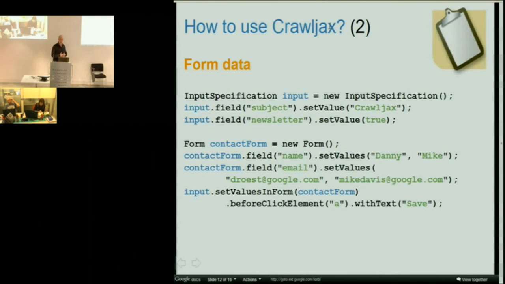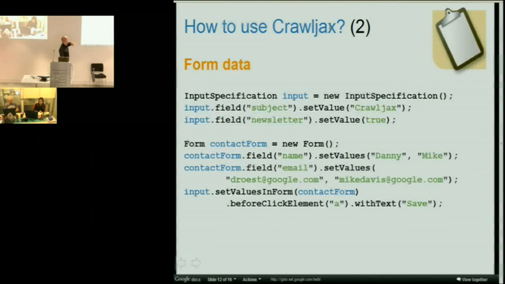But sometimes you want to fill in multiple values in a form because it can lead to different states. So you could create a form, say for the field name, first set the value, and then the second time you encounter it, set another one. What it basically does is you specify which button is the submit button for that form. There's not always a real submit button, but you can at least say the link which affects the form.